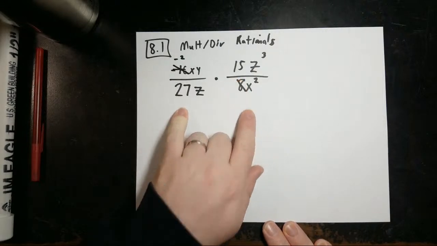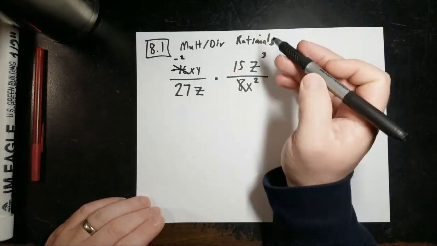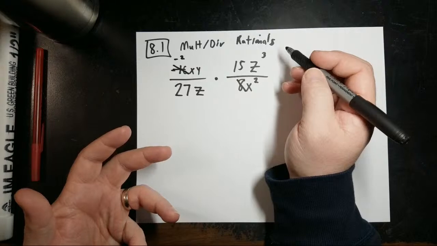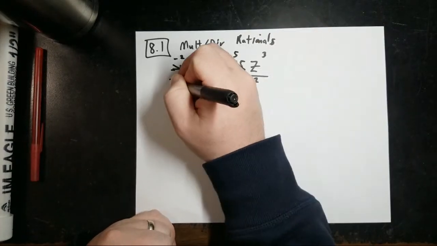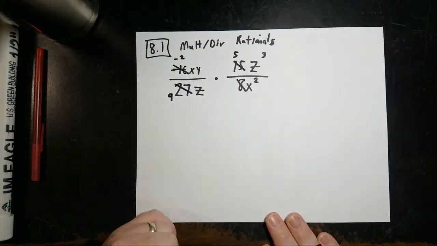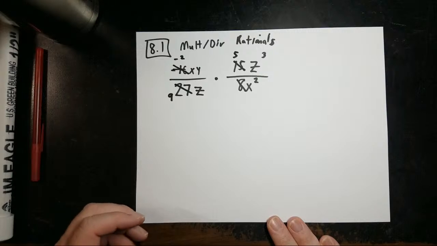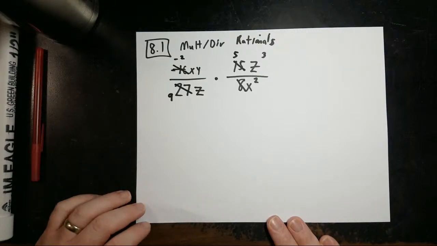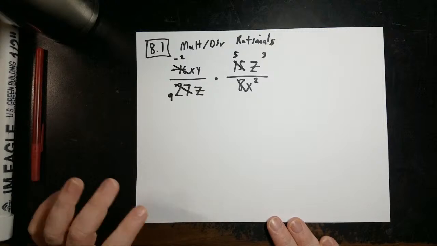The 15 and the 27 are both divisible by 3. Think of them as their own little fraction, 15 over 27. Divide that by 3, divide that by 3. In terms of the coefficients, the numbers on the front of the variable, they're done for now. There's nothing else we can do with them.